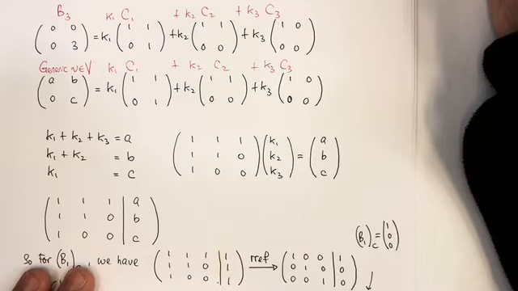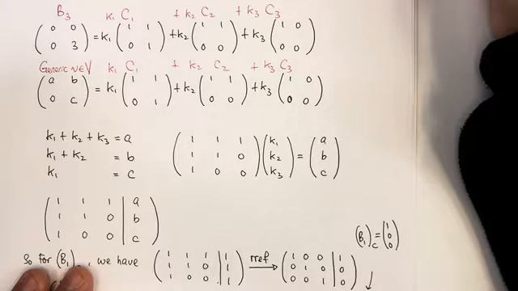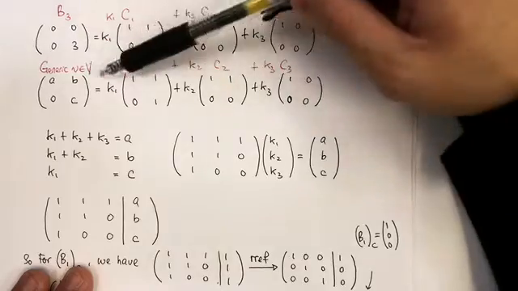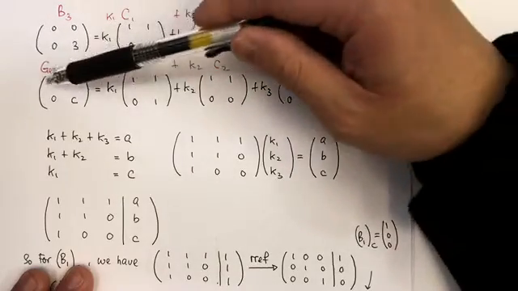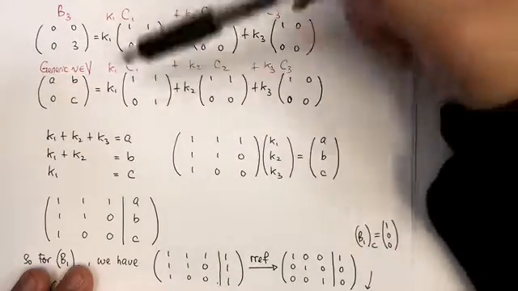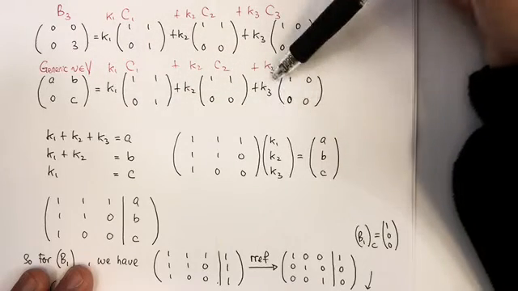Instead of looking at B1, B2, and B3, suppose we pick a generic vector V from this vector space. It will look like a, b, c, and 0. You want to find K1, K2, and K3.